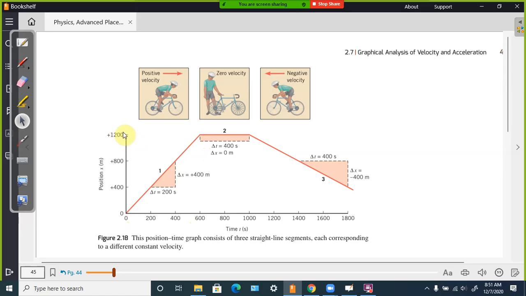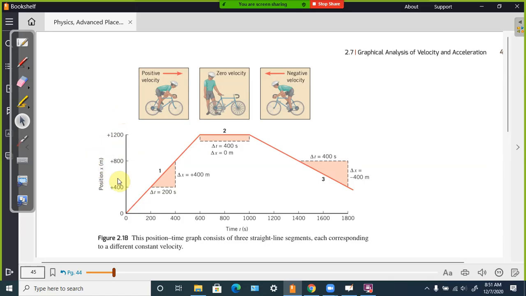Now, his position is 1,200 at this point in time, and this is in meters. So it has taken him 600 seconds to travel 1,200 meters. Well, you would simply take 1,200 divided by 600, because position versus time, and that would give you the velocity.